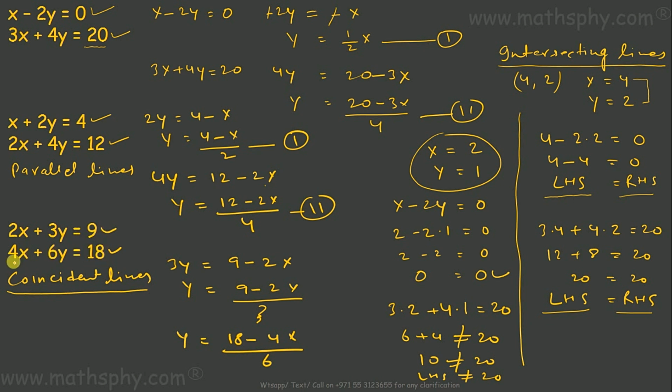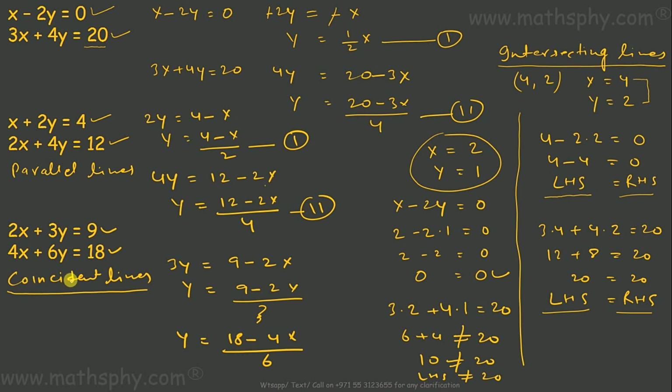Or if you divide both sides of this equation by 2, you will get this equation: 4x plus 6y divided by 2 gives you 2x plus 3y, and 18 divided by 2 gives you 9. That is the reason behind these two equations giving you coincident lines.